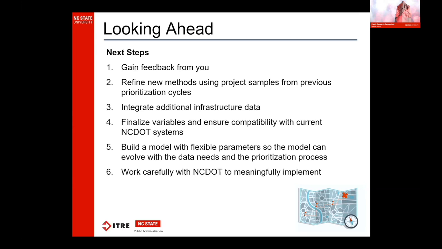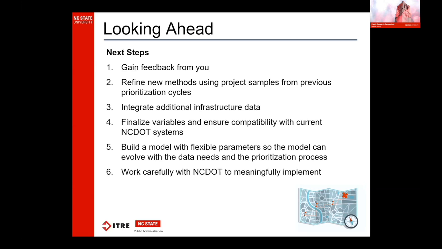We'll want to build a model with flexible enough parameters that it can evolve as needs evolve, as communities evolve, and as the prioritization process evolves as well. Most importantly, on our part, is working closely with NCDOT to meaningfully implement.